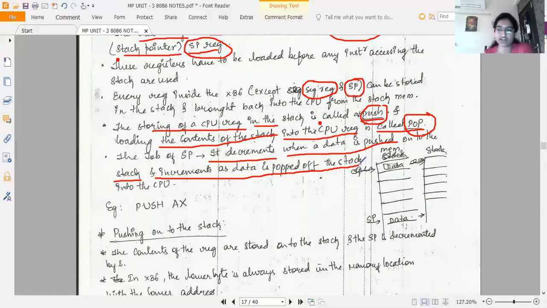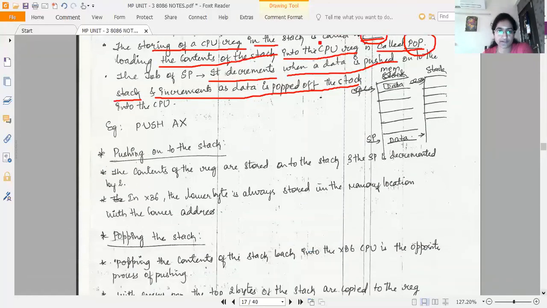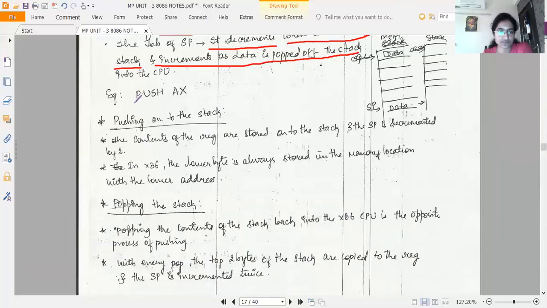All right. Now let us see examples. This is push AX, pushing onto the stack. Push AX is an example to access the stack. Push AX means the content of this 16-bit register AX will be pushed to the stack.